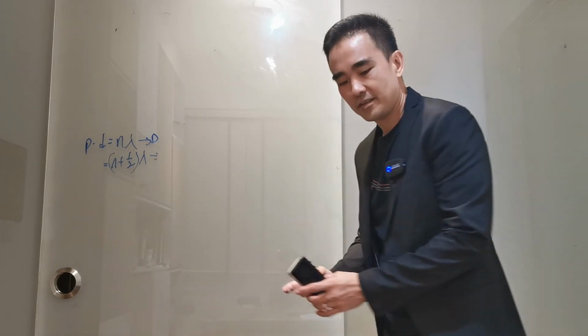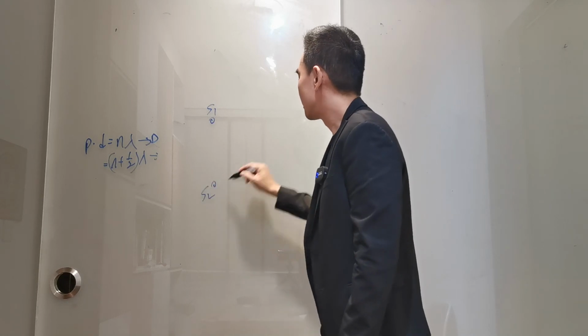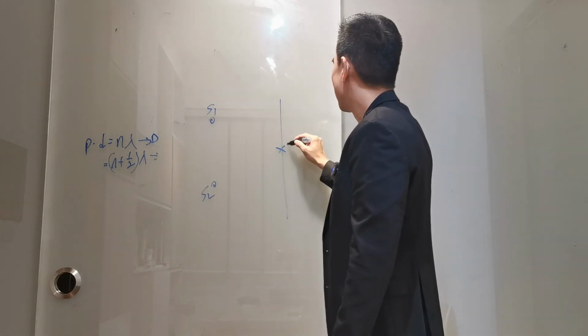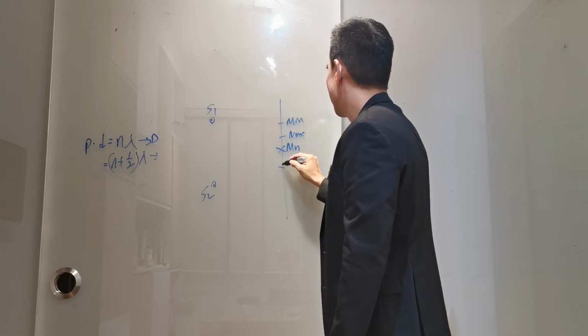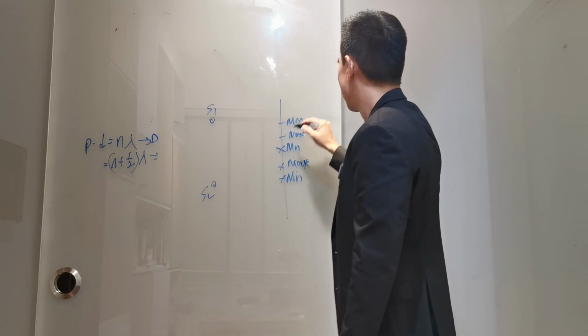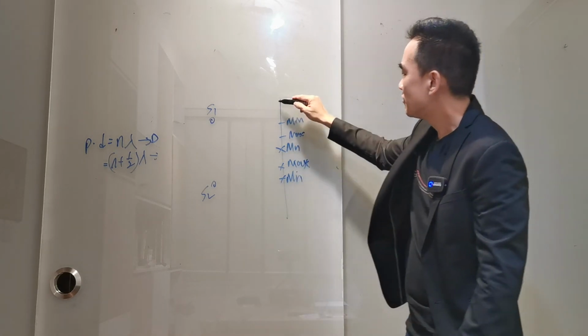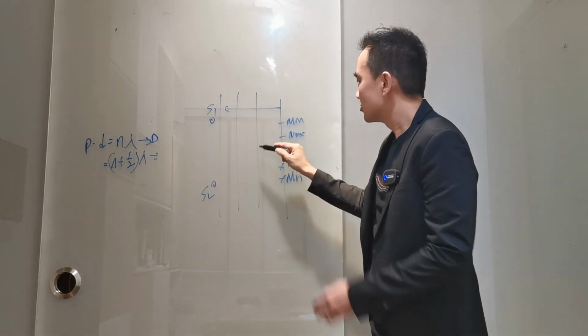So let's take a look at this case over here. S1, S2. So we got minima, maxima, minima, maxima, and so on and so forth. Yeah? So it's a series of maximum, minimum, maximum, minimum. So if we move the screen closer and closer, do you agree that it will still be the same?